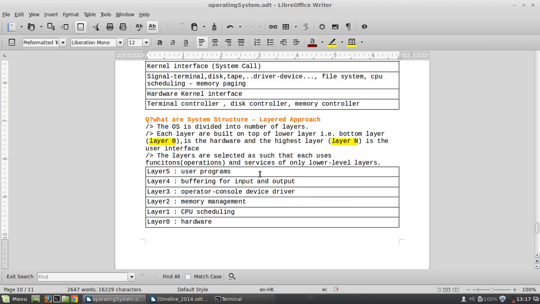So the first principle is that on the basis of the lower layer, you start building the upper layer. You keep on building, and the services provided by the lower level can only be used by the layer just one step above. That is the principle.